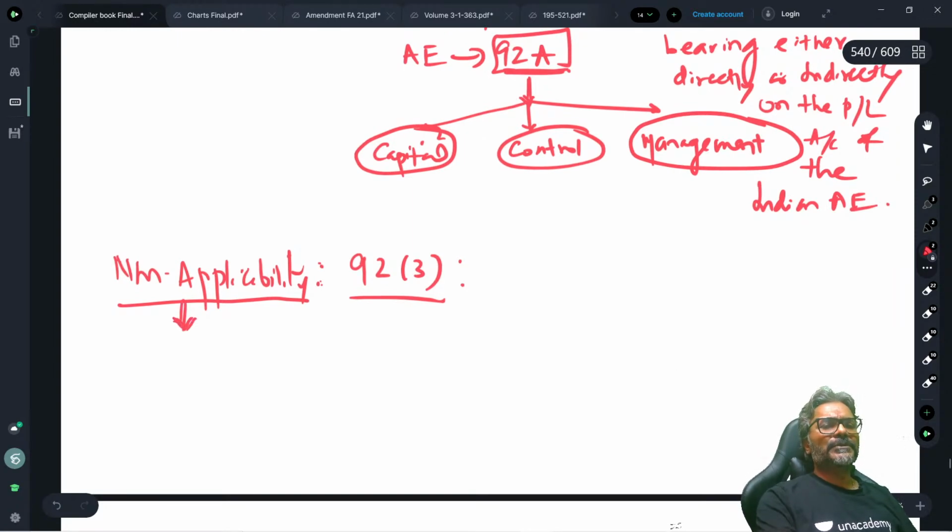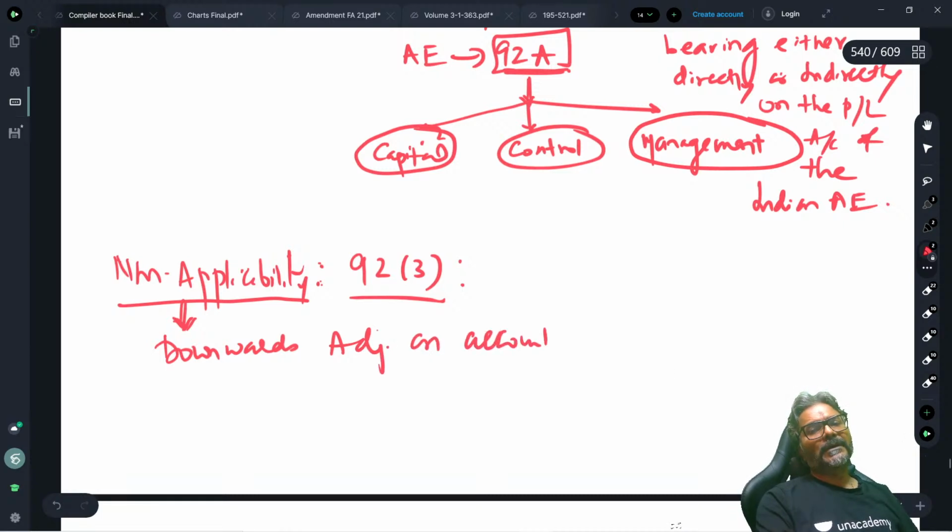Section 92(3), students, in this regard says that if there is a downward adjustment on account of the adoption of the ALP.